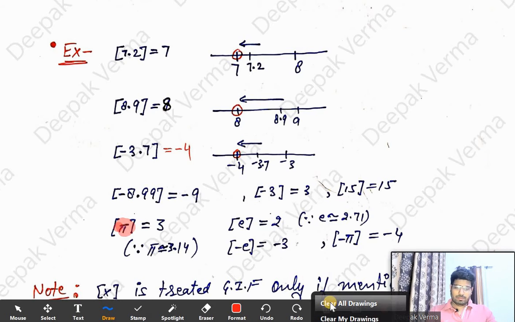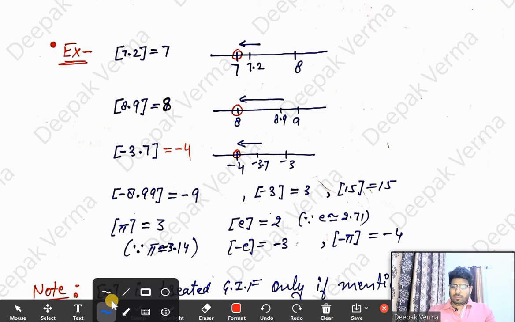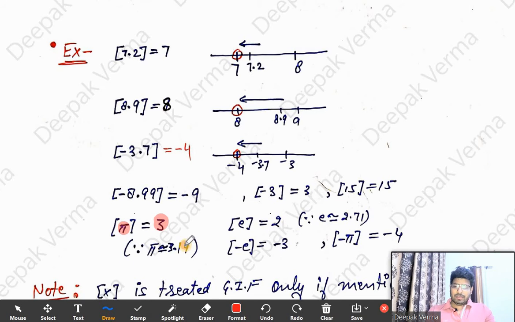In case of box pi, the value of box pi will be 3, because we know that pi is approximately equal to 3.14, not exactly. Again I am repeating, this is approximately 3.14. It goes on further, 3 point something something.